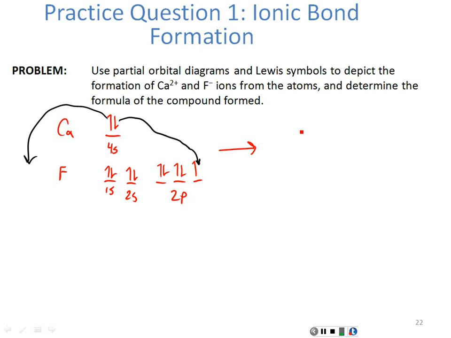And what we'll be left with would be calcium 2+ with an empty 4s orbital. And then we'll have 2 fluorines that have completely filled valence shells.